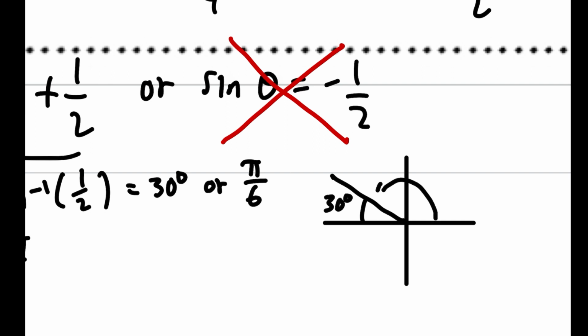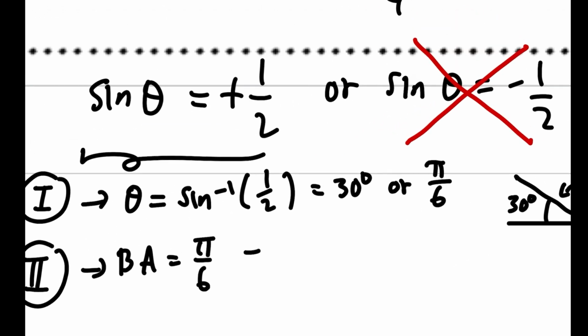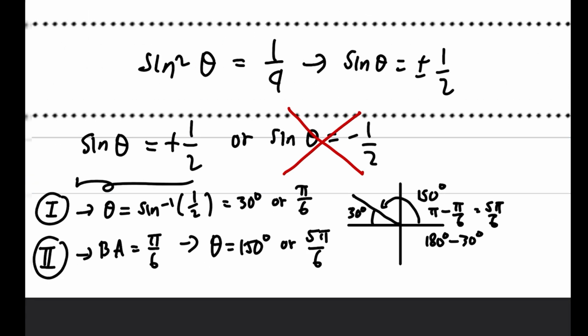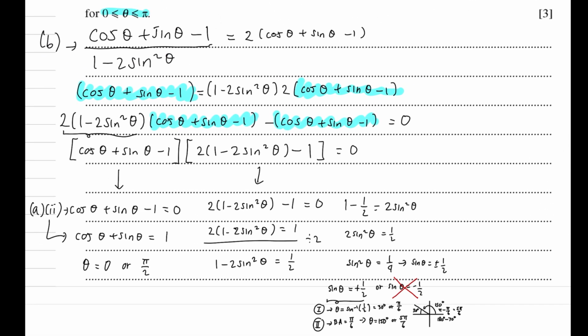So the next angle is 150 degree or 5 pi over 6, because it's just pi minus pi over 6. 180 degree minus 30 degree, you get 5 pi over 6. So we have 4 solutions for this: 0, pi over 2, pi over 6, 5 pi over 6. So this is the answer.